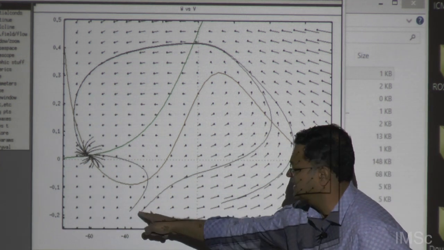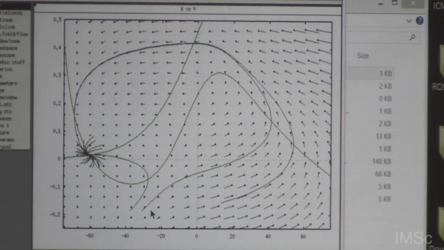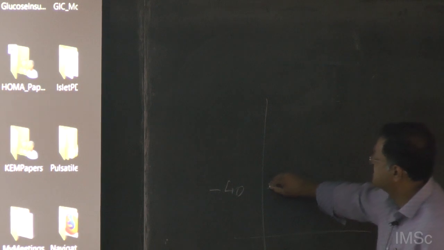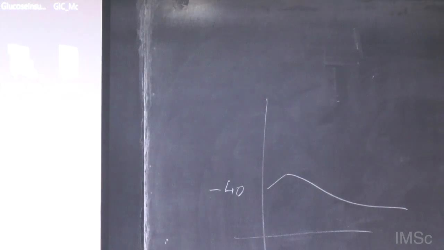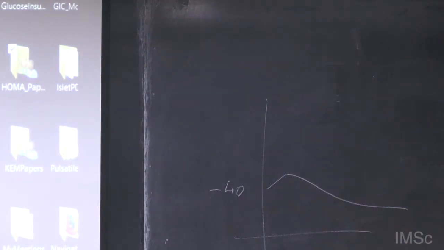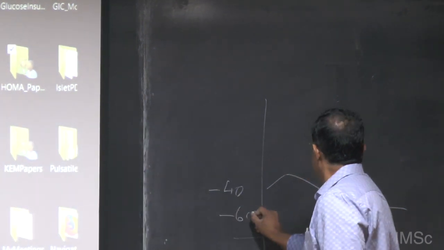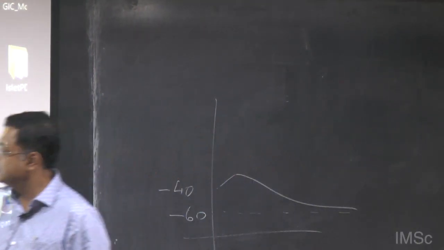There is not much difference between minus 40 and minus 30, but starting at minus 40, I would say the voltage went just a little bit up and then went down, correct? Isn't that what's happening? The voltage went just a little bit up and then it went down all the way to minus 60. So, that's this trajectory over here, right?